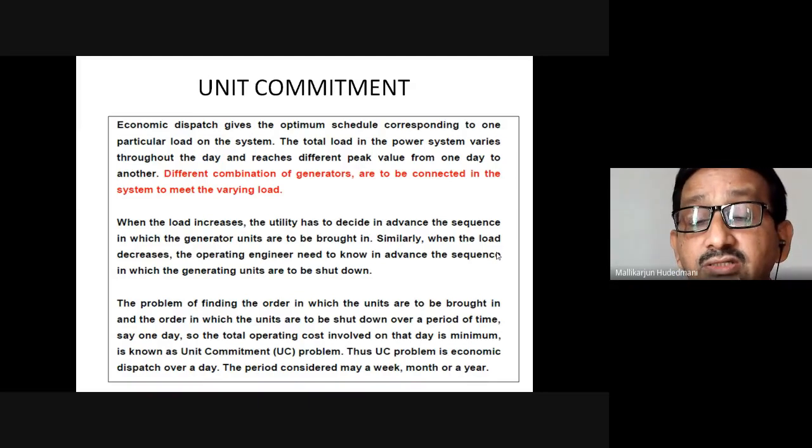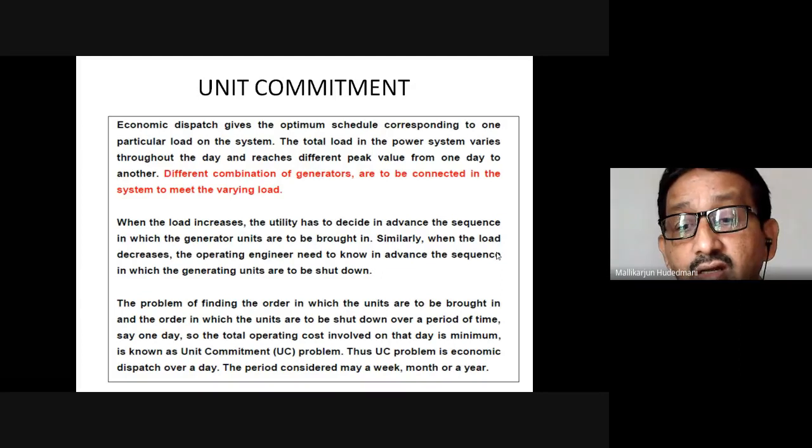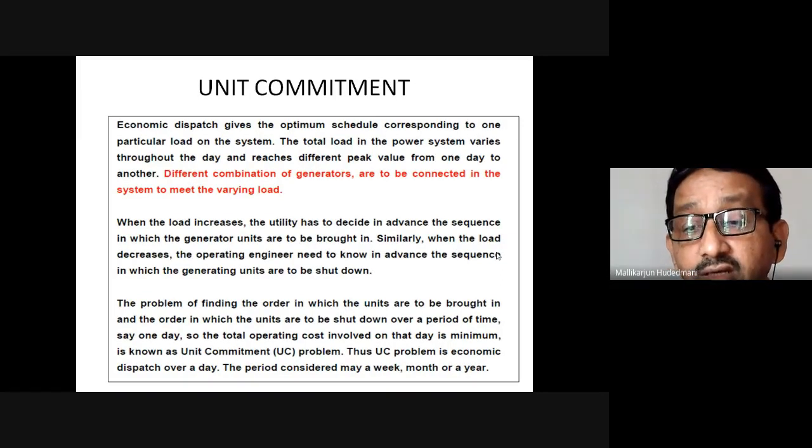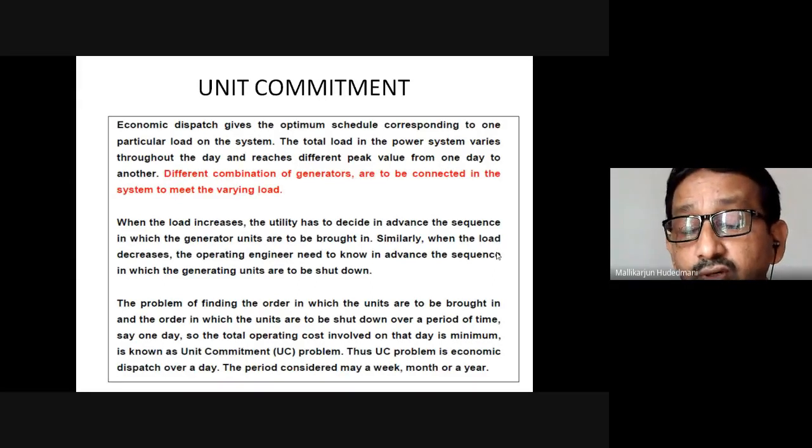That kind of intelligent decision, concerned with the economy of generation, resource and optimization, is known as economic scheduling. This schedule is only a cost-effective allocation of units.